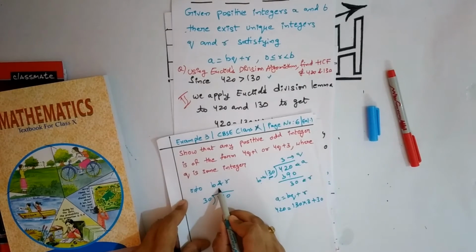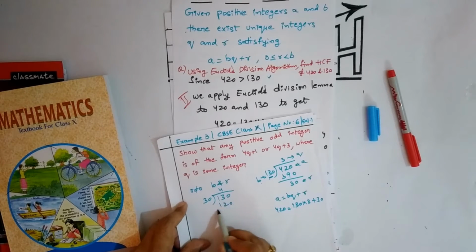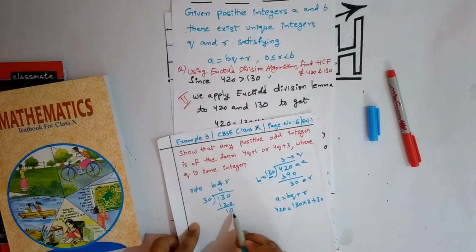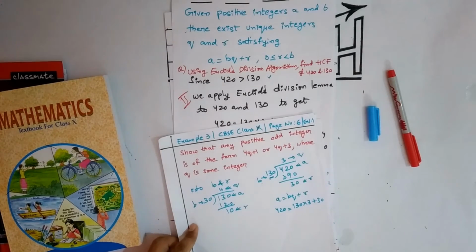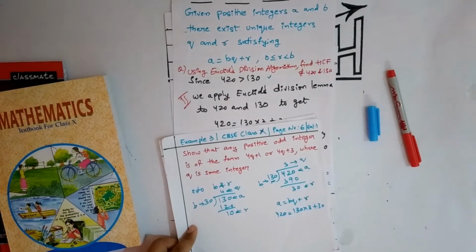So when we apply this, 30 times 4 is 120 and the remainder is 10. This time the remainder is 10, and this is b and this is a and this is q. So these values will vary every time we apply Euclid's division lemma.